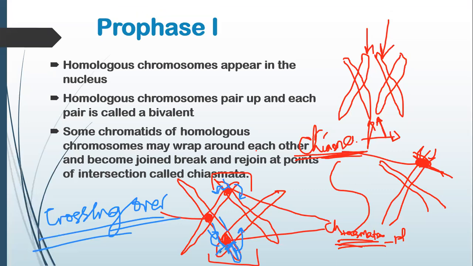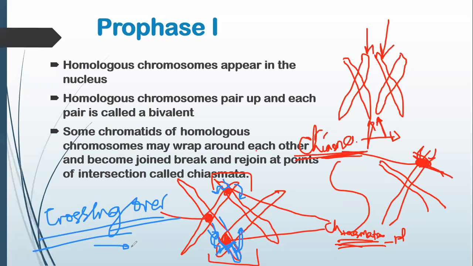So if you break this and add it here, and you break this and add it here, it means there will be a change in the DNA. You completely form new combinations, and those new combinations will be manifested in the phenotype as variations.